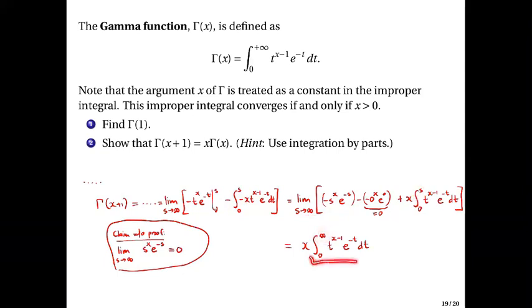But look at this. This is exactly this guy here, correct? And that's just your gamma of x. This is x gamma of x. And now we have proven that gamma of x plus 1 is equal to x gamma of x. So that's the end of the proof.